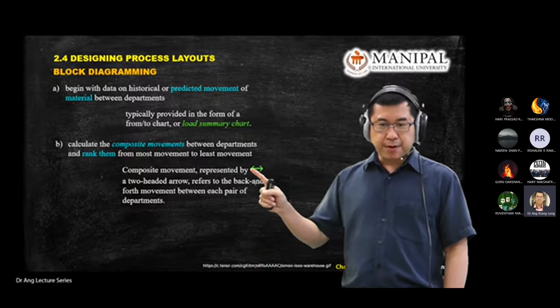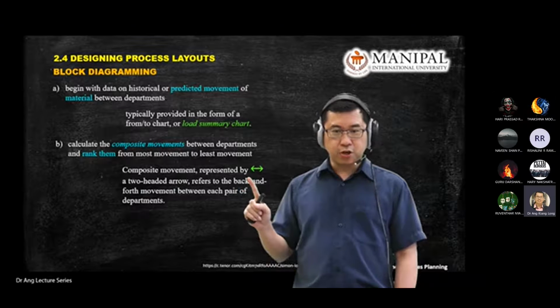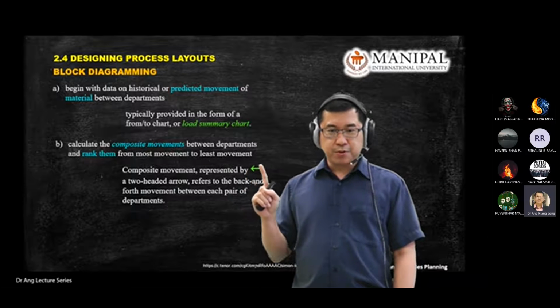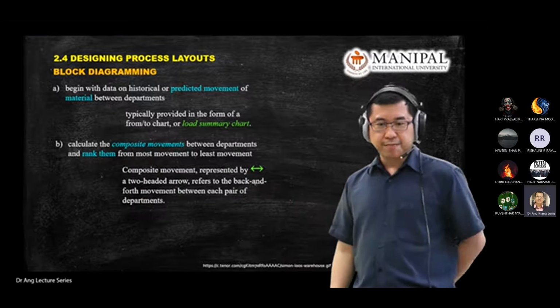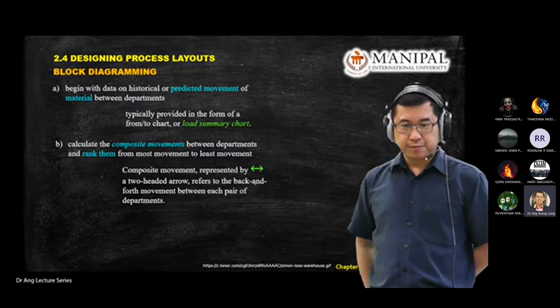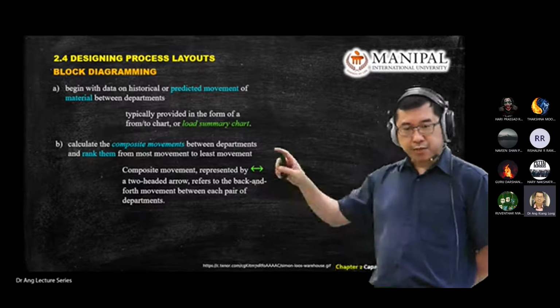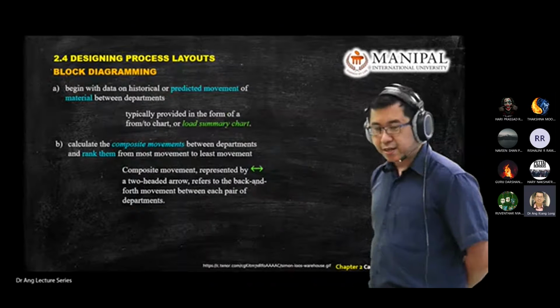But if you see a double arrow in your calculation, it means you're considering one process to another process and back again, back and forth. So this is a special symbol that you'll see in the block diagramming procedure.